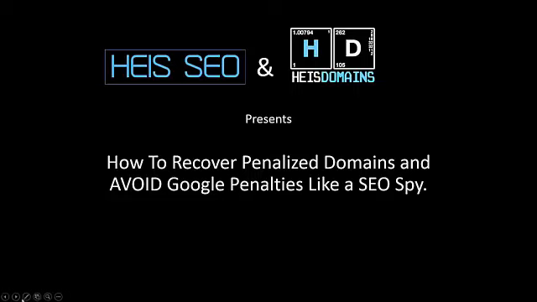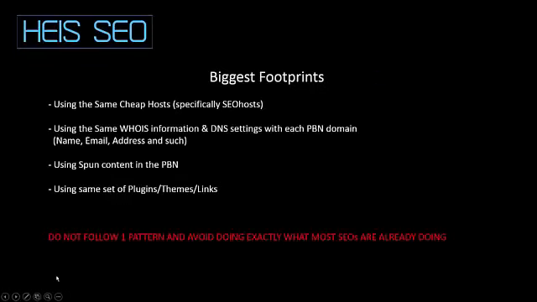So when we talk about footprints, we talk about a few things that a lot of SEOs are doing themselves. One of the biggest footprints left behind by SEOs is they put all of their domains on the same cheap host, specifically SEO host, that share the same IP address, right?